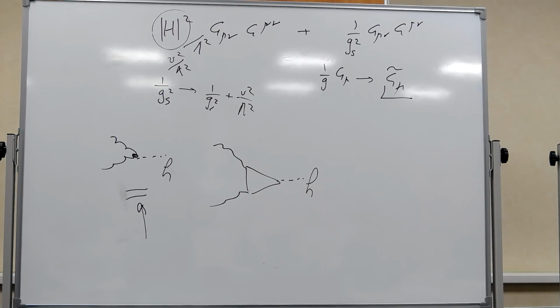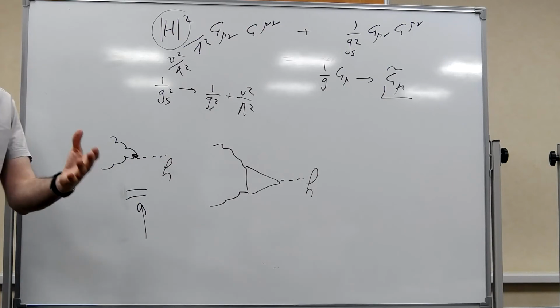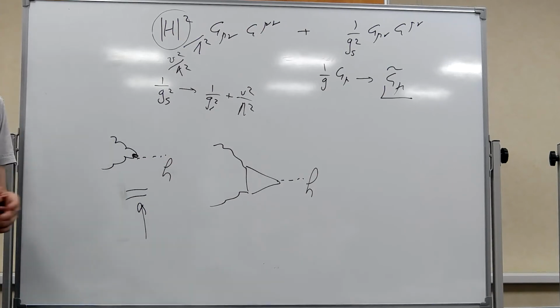It's 8. Fermions, you close the loop. No, 1, 2, 3, 4, 5, there are 6. There are 3 because there are 3 types of fermions. I do the counting for one family: 3 types of fermions, up, down, and electron.